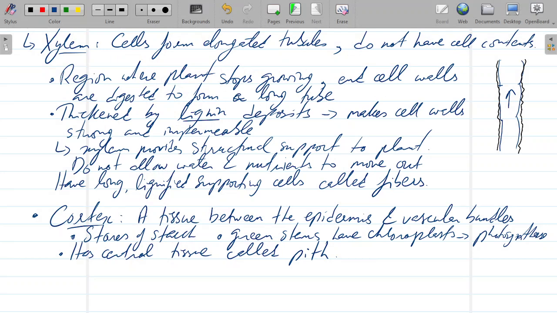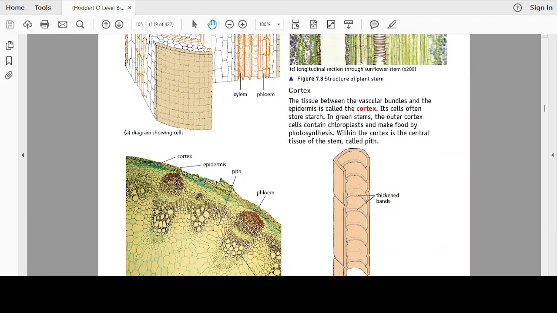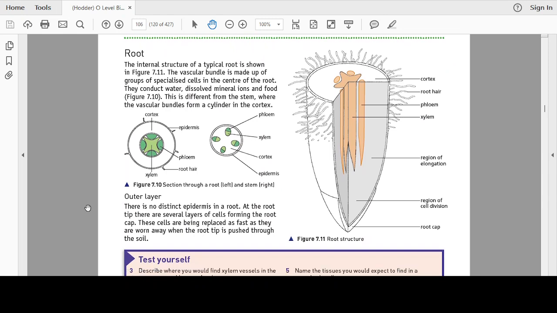Let's go back to the whiteboard briefly, and I'll mention some about the root and show you a diagram of it. In fact, let's look at the diagram of the root first. So I wanted to come back to it. So here we have the root. The root is different.